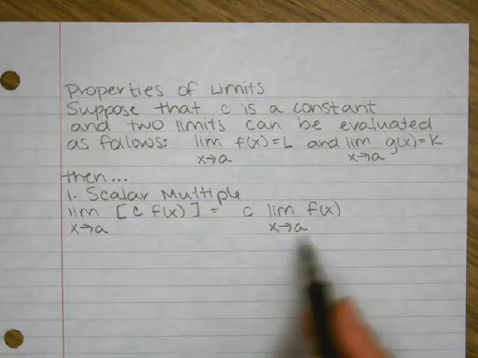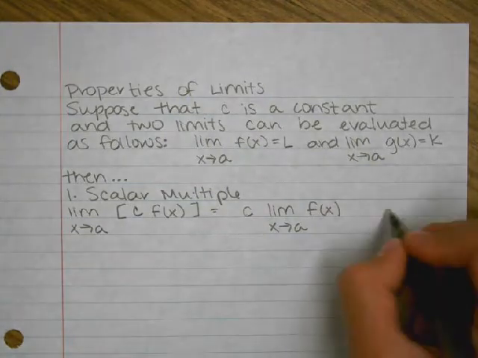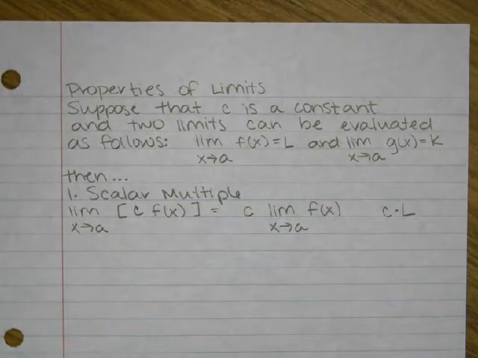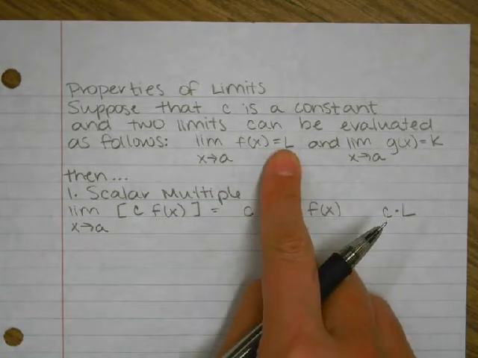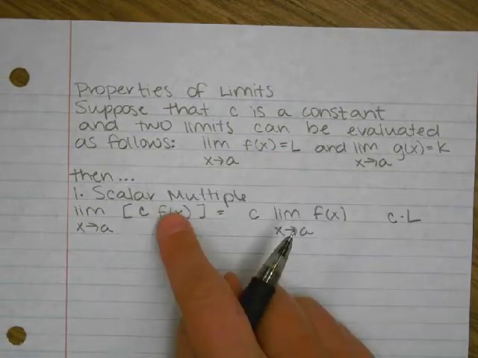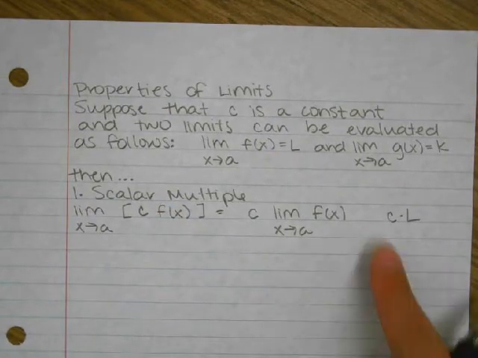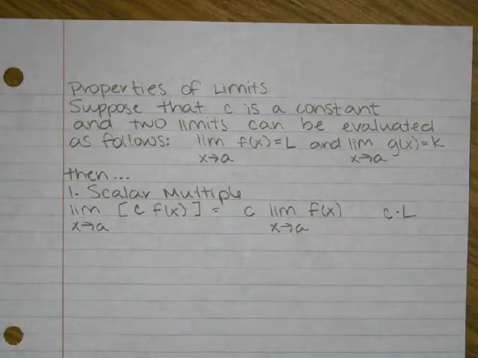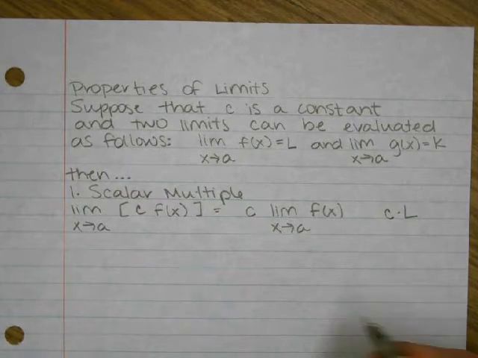Or we could think of this as c multiplied by L, whatever that limit happened to be. So if your limit was 5 for the original function, and you put a c in front of it, then c multiplied by 5 is your answer. You don't have to calculate the limit all over again. These properties are just saving you some time.